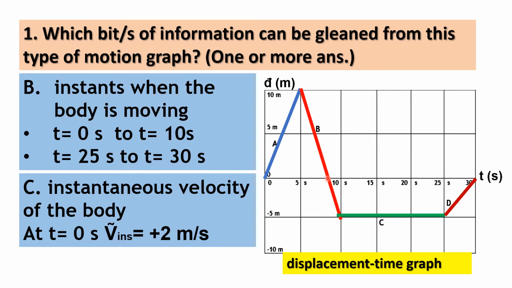That point in the graph, which has an equivalent displacement of 0 meter, but the corresponding time, as we have estimated earlier, is about 7 seconds. So at exactly 7 seconds, how will you find out what the instantaneous velocity is?